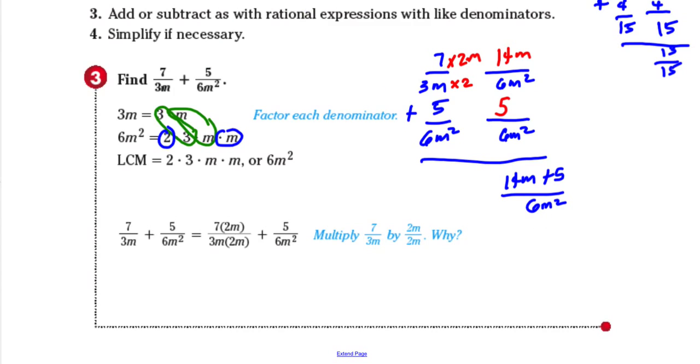Okay, so let's see if we're correct on this. From there we simplify. That's 14m all over 6m squared plus 5 all over 6m squared. That will give you 14m plus 5 all over 6m squared. Same answer that we got the first time around.